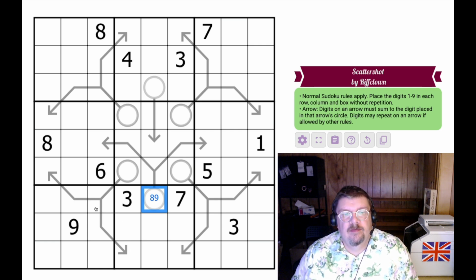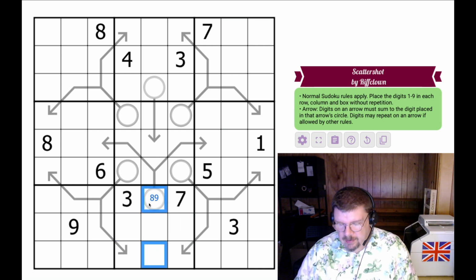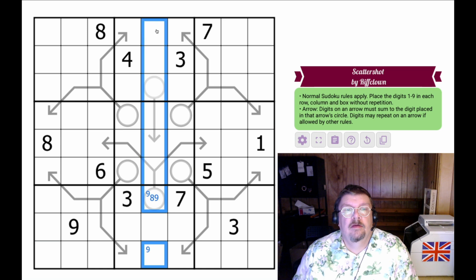Okay, a line can never go on an arrow unless it's just a 1-cell arrow that goes across a border diagonally. So those are not lines. One of those two is a 9. So those are not 9s.